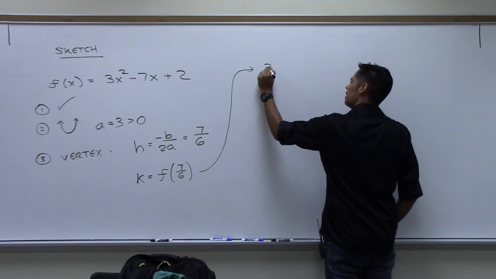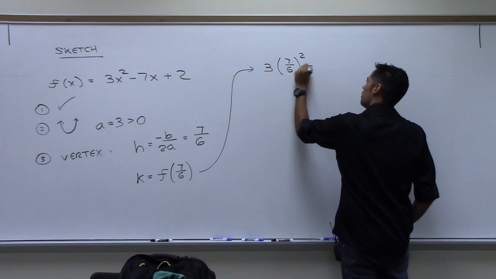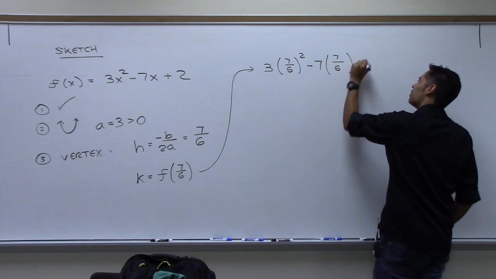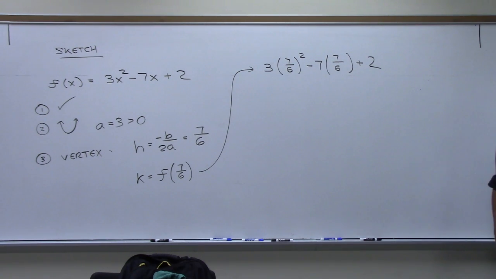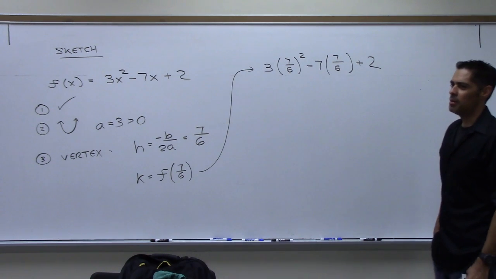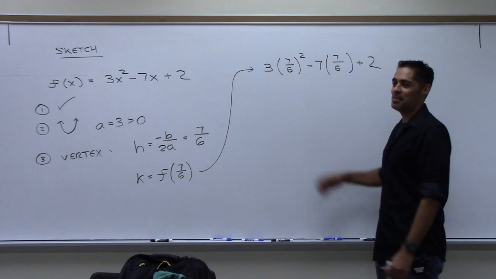It's 3 times 7/6 squared minus 7 times 7/6 plus 2. And Erica, what is that? I'm just kidding with you. It's a mess. It's messy, right?